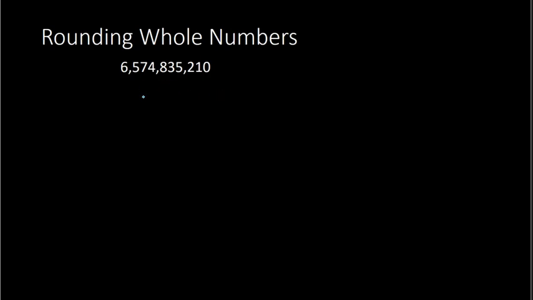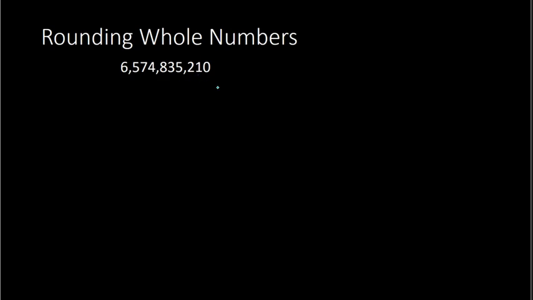So this number here in English, you would say 6,574,835,210. And we can round this to any place value. We can round to the nearest billion or 100,000 or 10,000, 100 million, 10 million, 1 million. We can round to any place value.